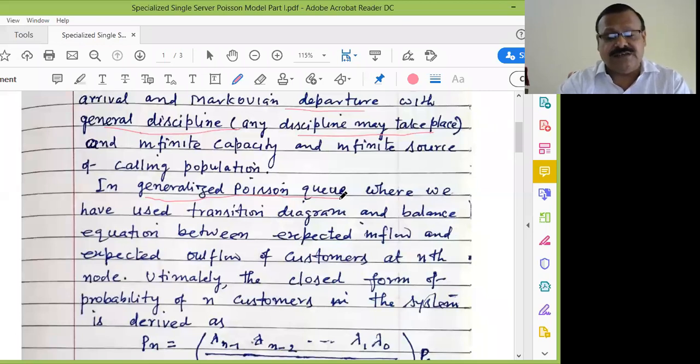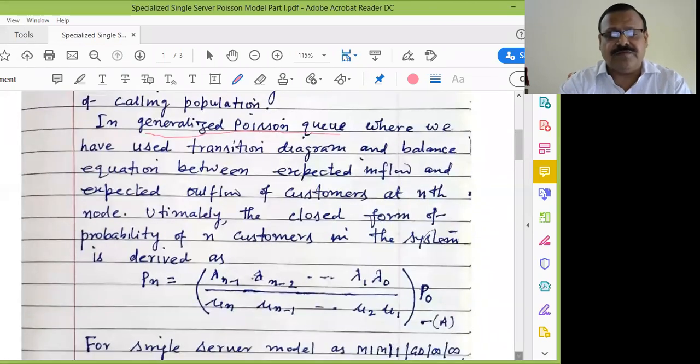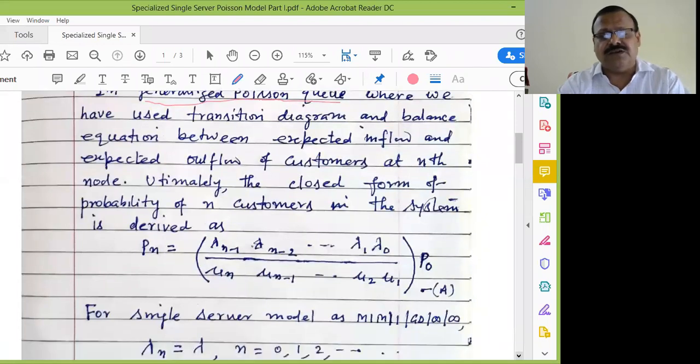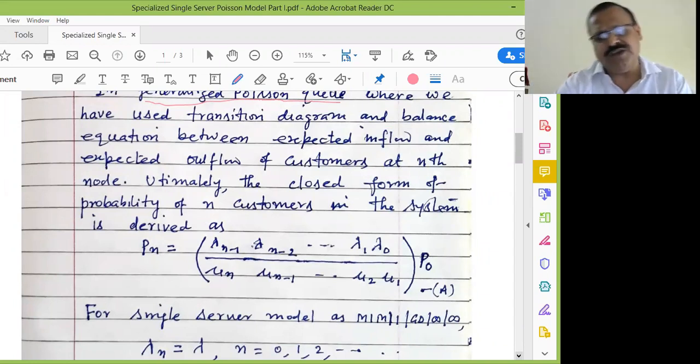In the steady state, we obtained the balance equation. And we got the closed form expression, the final general expression of Pn, with lambda n minus 1, lambda n minus 2, and so forth up to lambda naught in the numerator, and mu n, mu n minus 1 and so on in the denominator.